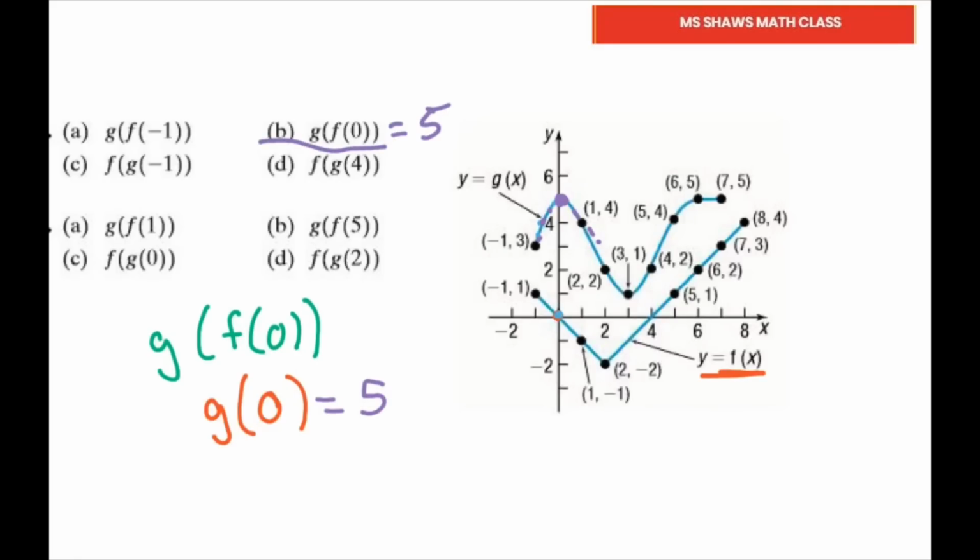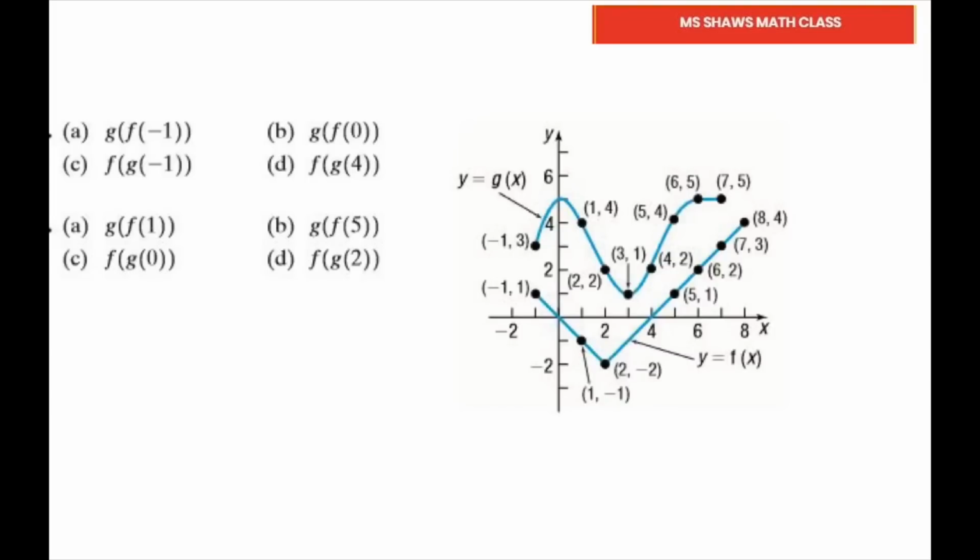All right, now for c, we have f, g of -1. So we're going to do our inner function first. So we go to -1 on the x, it's right here, and go to the g, and at -1, where x is -1, our y is 3.